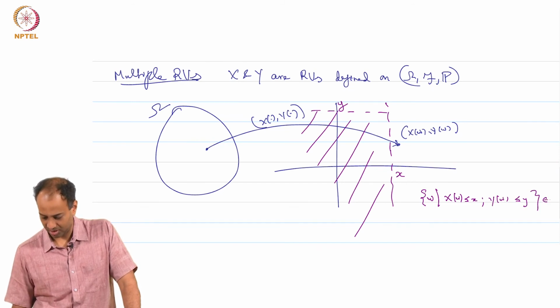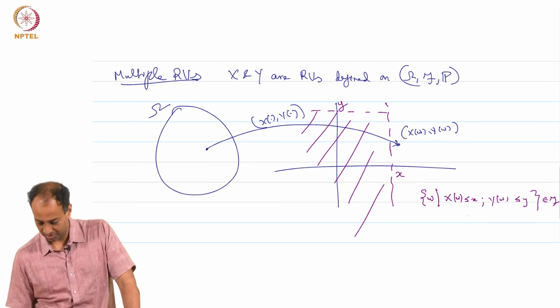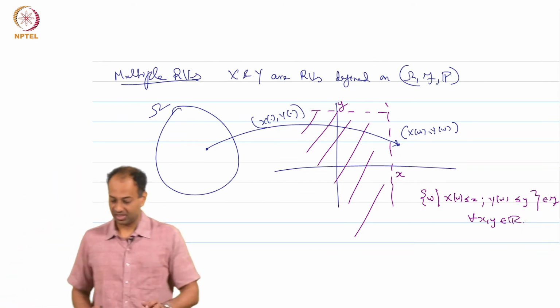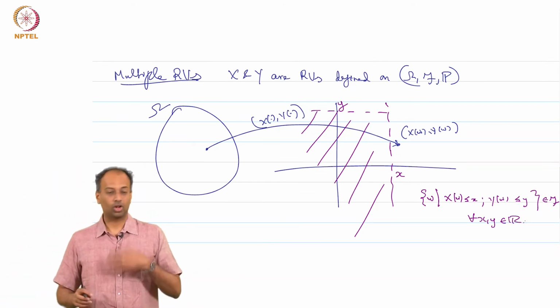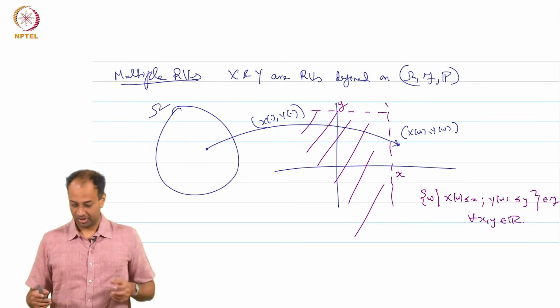You can argue this is an event for all x, y in R, and if it is an event, you can talk about its probability.